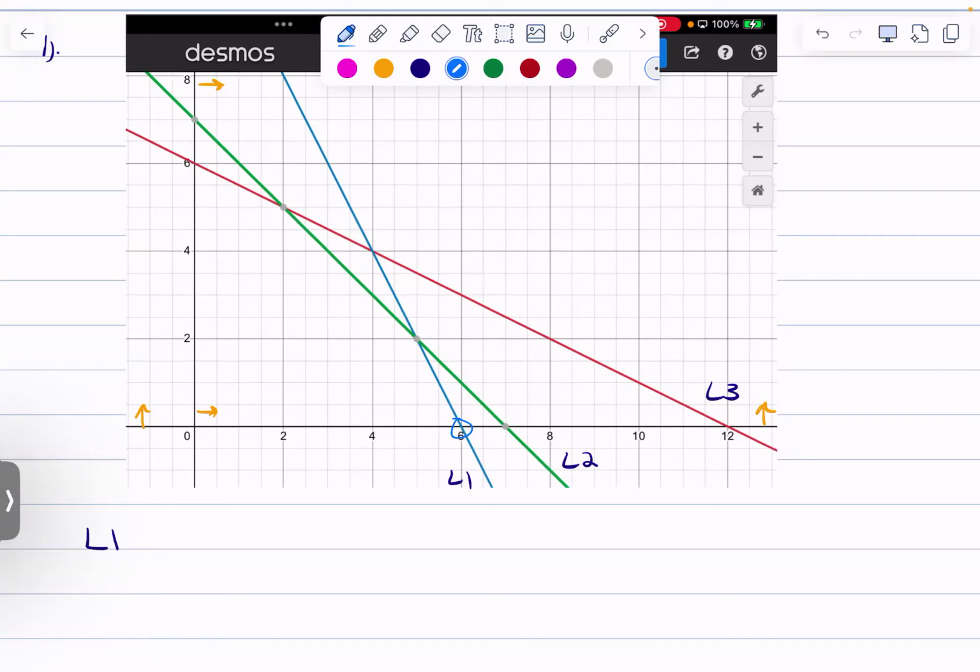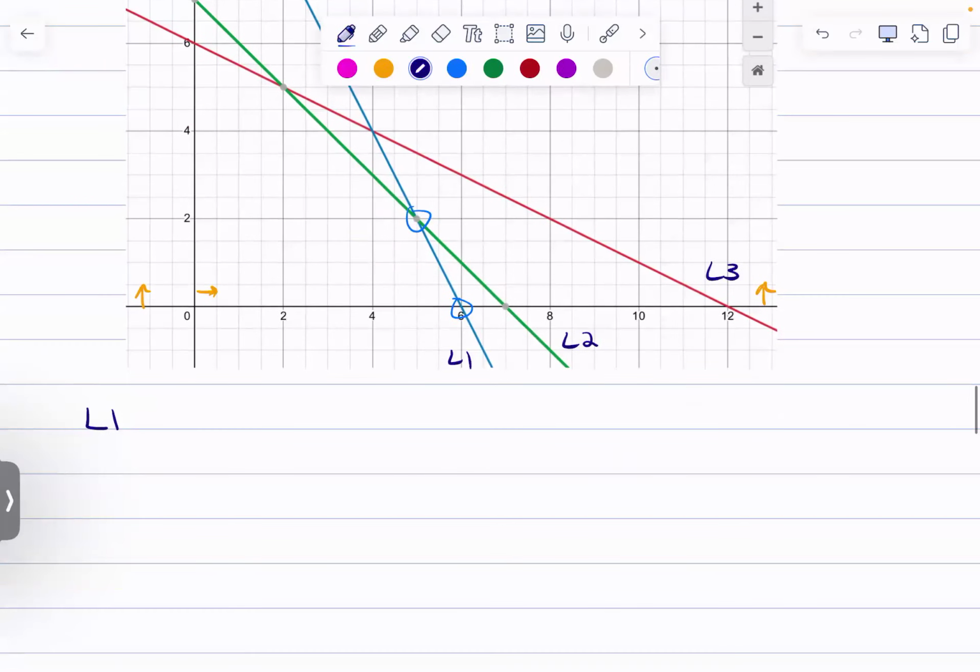The other one is kind of tricky, because what's my x there? Looks like it's 5, 2. So line 1 goes through (6, 0) and (5, 2).